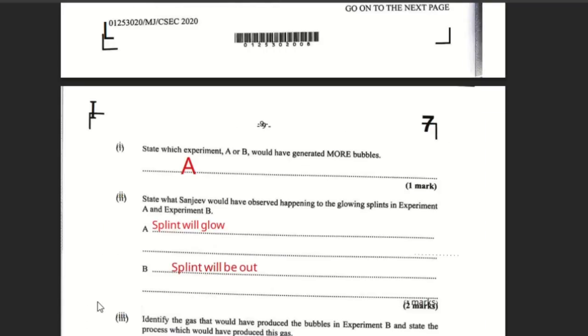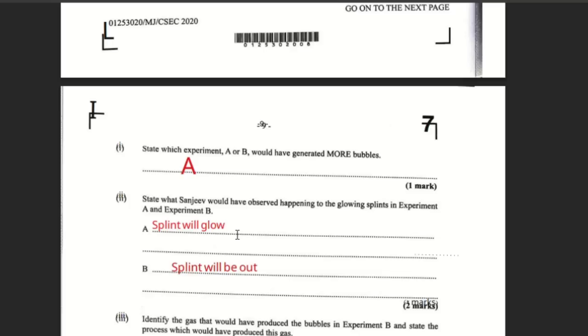So now the next question says state what Sanjay would have observed happening to the glowing splints in experiment A and experiment B. Basically in experiment A, the plant is photosynthesizing a lot, so it is going to be producing a lot more oxygen bubbles, right? The bubbles will be coming up.